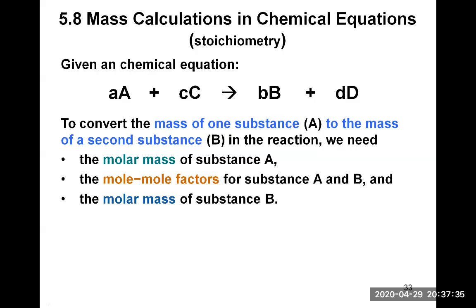So given a chemical equation, with coefficient a, capital A is the formula, the lowercase letters are the coefficients, and the capital letters are the formulas of reactant and product.